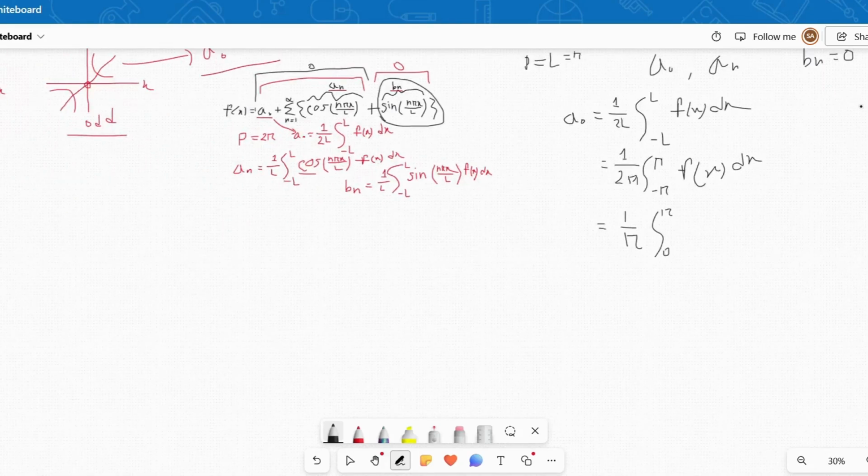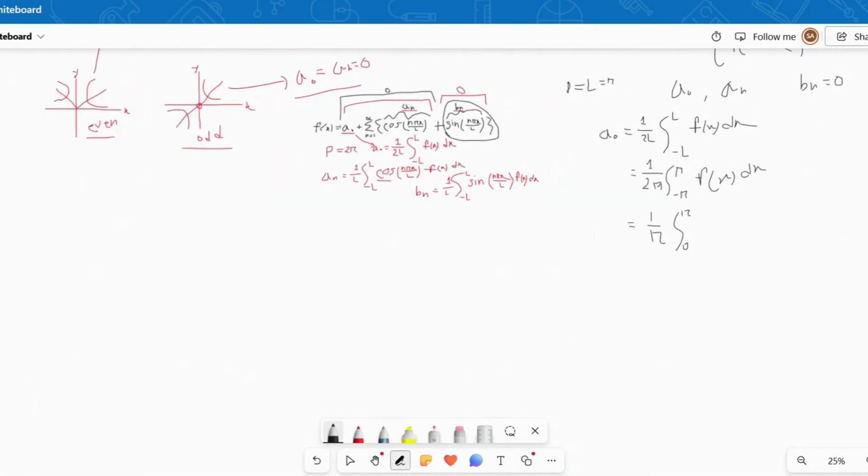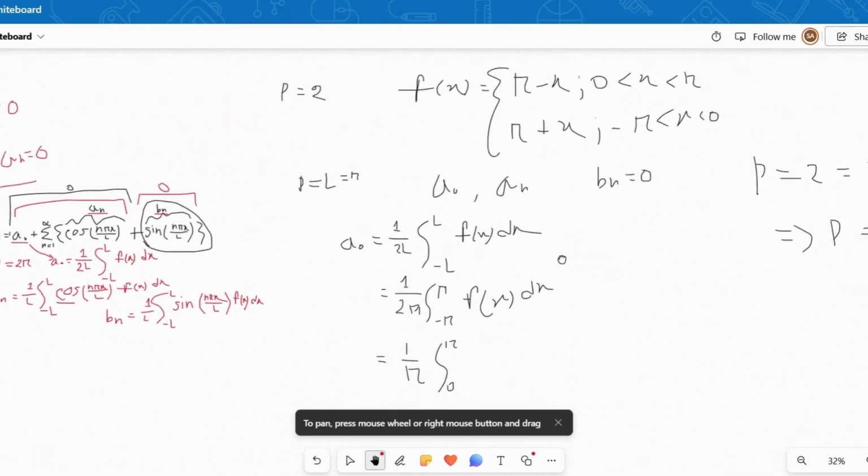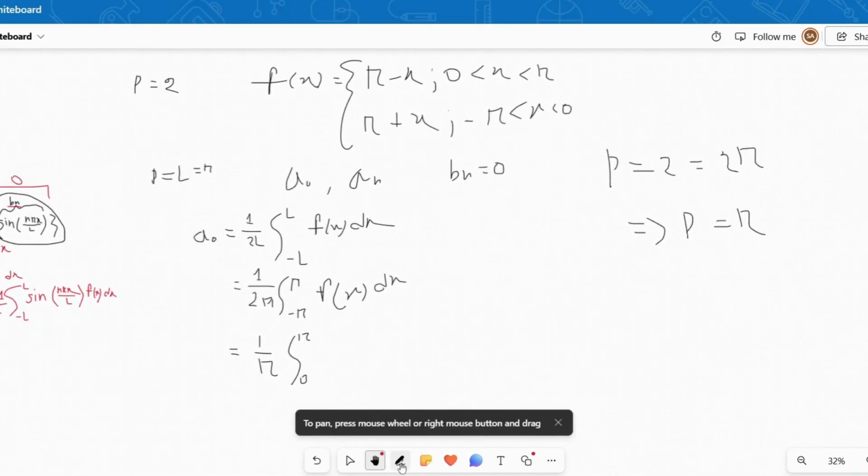If the range is 0 to pi, then f(x) is equal to pi minus x. Then write pi minus x and dx.